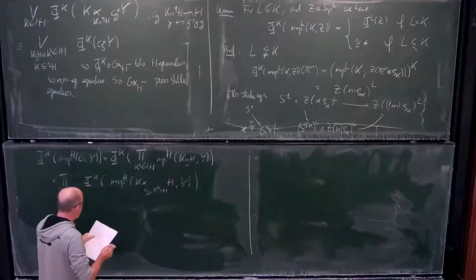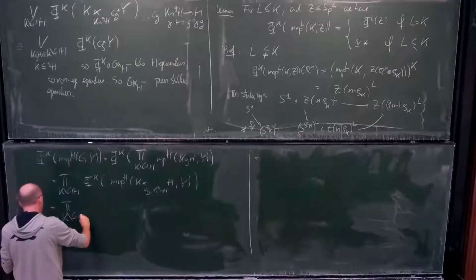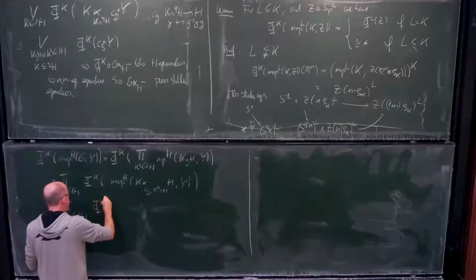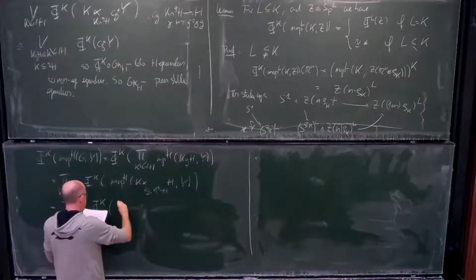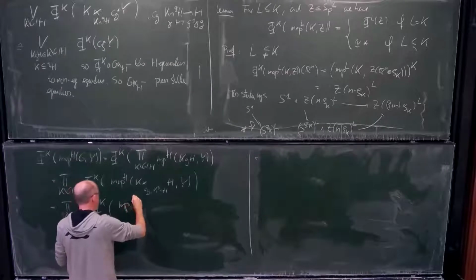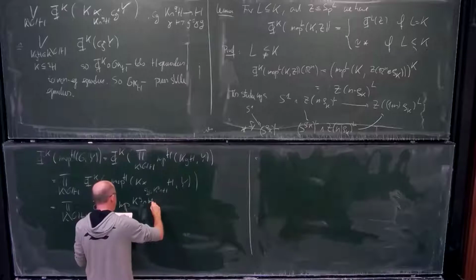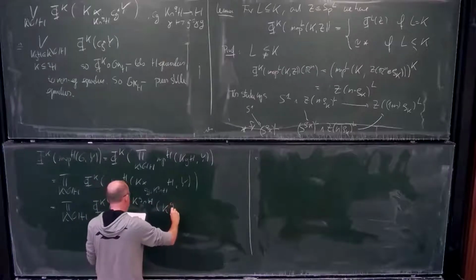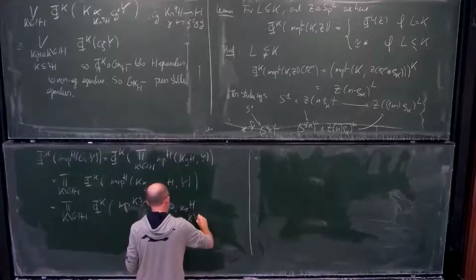And then again, I can adjoint this. So this becomes the product of K^g H geometric fixed points. And then again, because I'm first co-inducing something, this would just be the same on the one categorical level as K intersected with gH equivariant maps from K^g into the restriction from H to K^g H of Y.